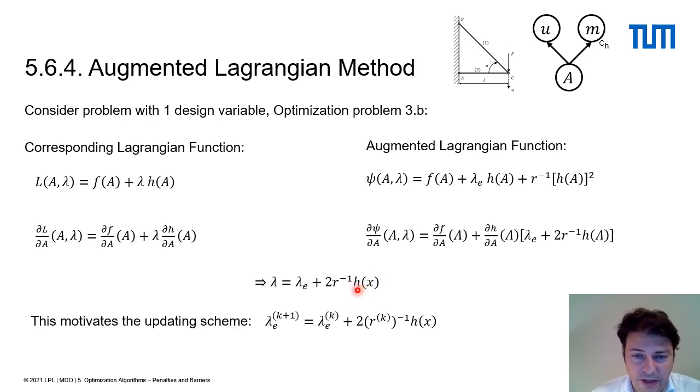And this motivates the update scheme of the Lagrangian multiplier as lambda estimated k plus 1 is the previous Lagrange multiplier plus this term to update it.